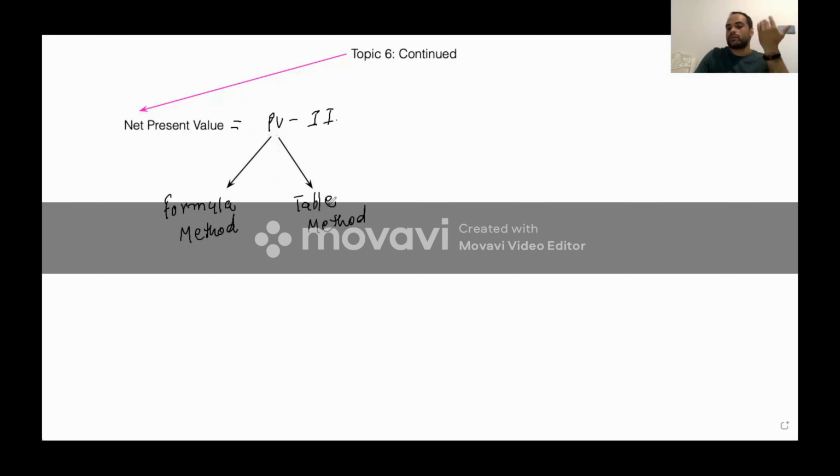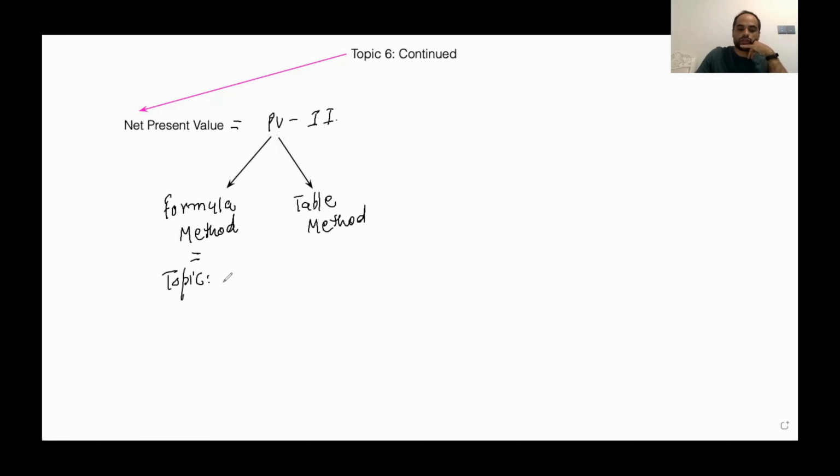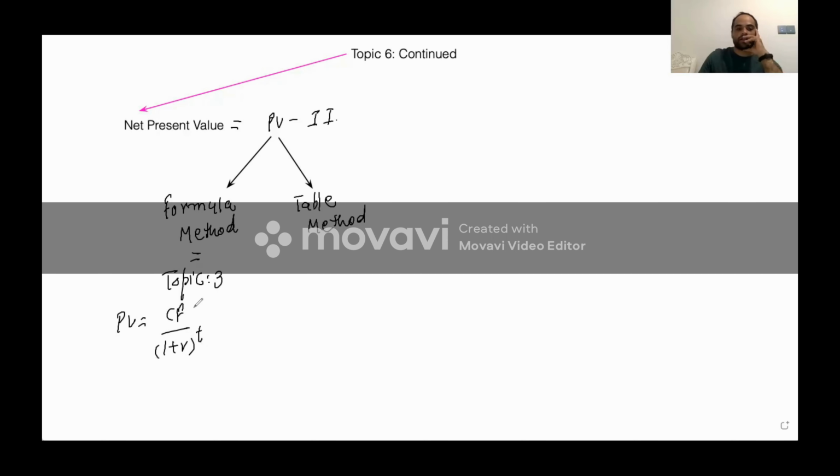Obviously, both will give you the same answer. The formula method is what we studied in our topic 3, which is present value equals cash flows or future value divided by 1 plus r to the power t, right? That is your formula method. We will not study that in this topic because we already covered it in topic 3.